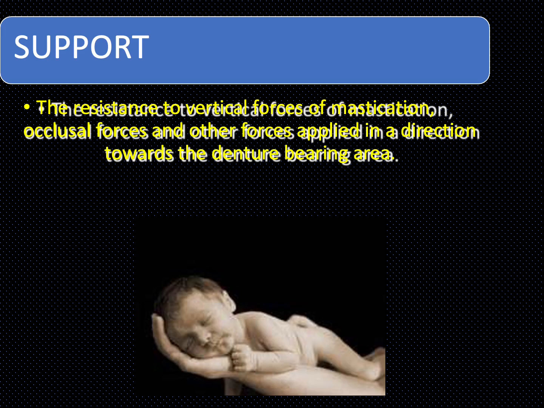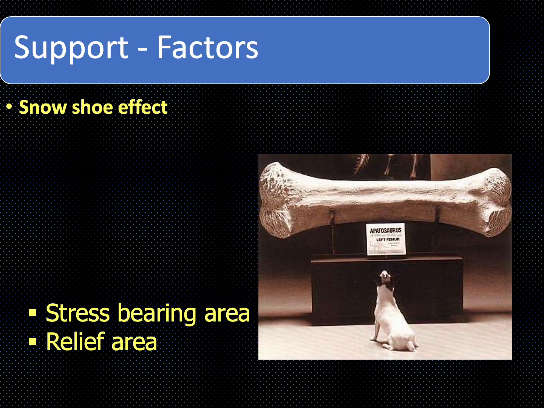Support is the third important factor, and it is the resistance to vertical forces of mastication, occlusal forces or other forces which are applied in the direction towards the denture bearing area, and it is essentially obtained with the help of the underlying residual tissues.